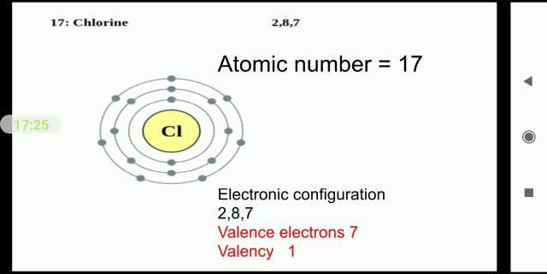So there are 2 electrons in the K shell, 8 electrons in the L shell and 7 electrons in the M shell. Therefore, the valence electron in chlorine is 7 and it needs to gain 1 electron in the outermost orbit to attain an octet. So to complete the orbit with 8 electrons, it needs to gain 1 electron. Hence, the valency of chlorine is 1.